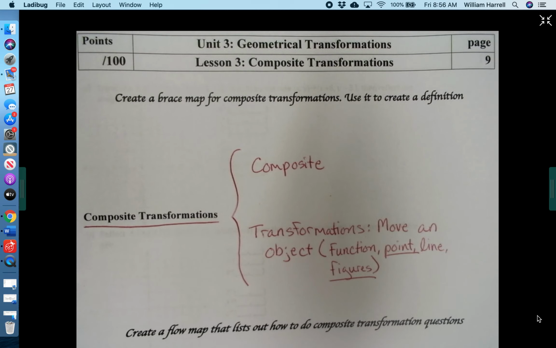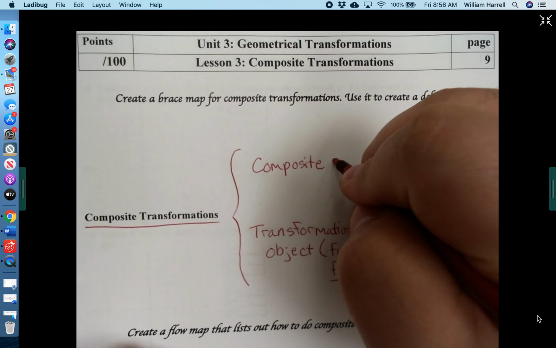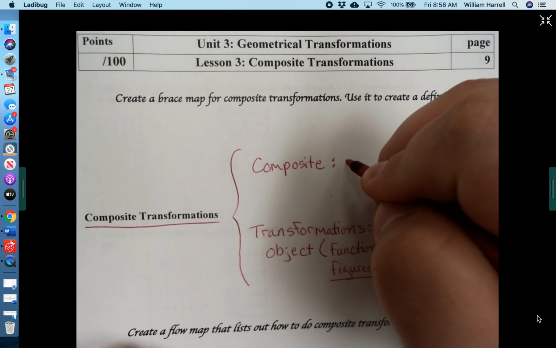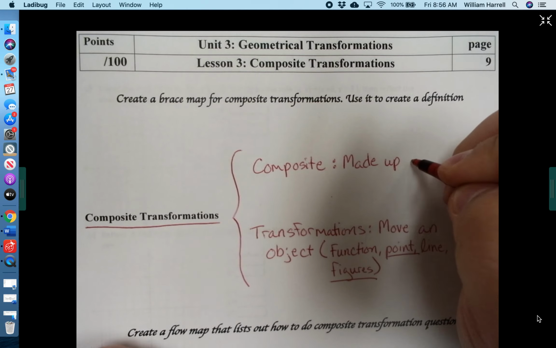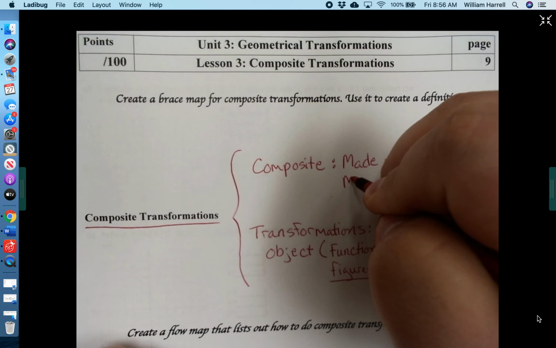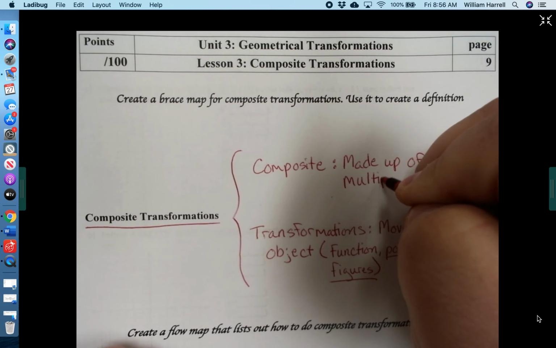Composite or compost is just a whole bunch of stuff put together. Another way you can shorten up a whole bunch of stuff is just multiple. So composite just means made up of multiple.